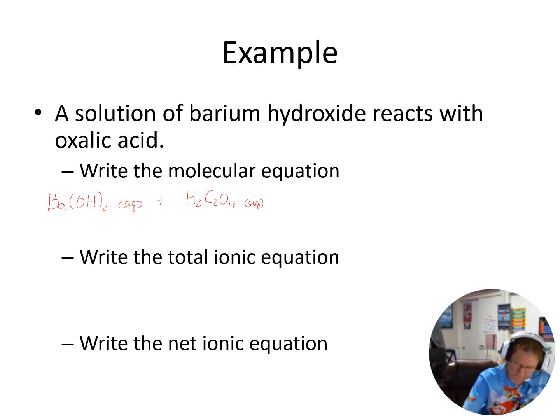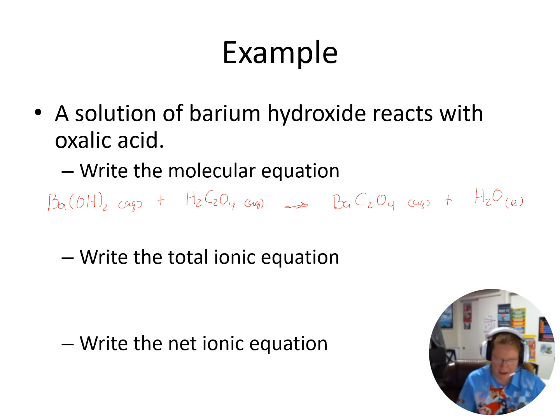And then we're going to get barium oxalate and liquid water. Because anytime I have H plus and OH minus, I form water. We need to balance it, and so when we balance it, we get a 2 right there.